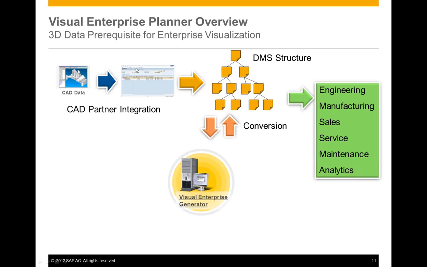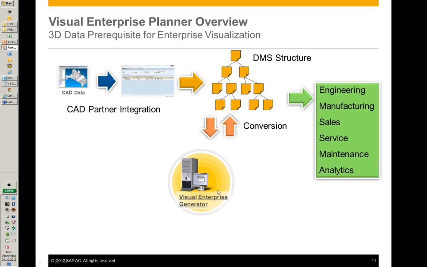This then creates via the CAD integration a document structure. Once this is done, you have the CAD files within that structure. Then we start the conversion process using Visual Enterprise Generator and create simplified viewable files, which would then be the input to any kind of further logistic processes, in this particular case, the handover to manufacturing.